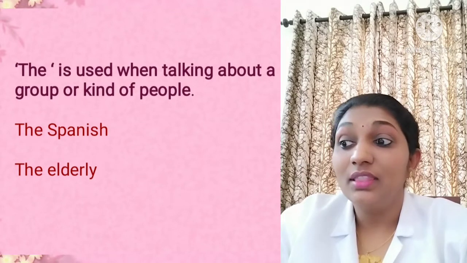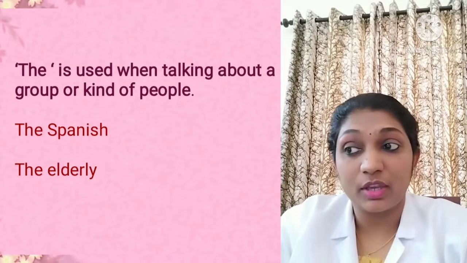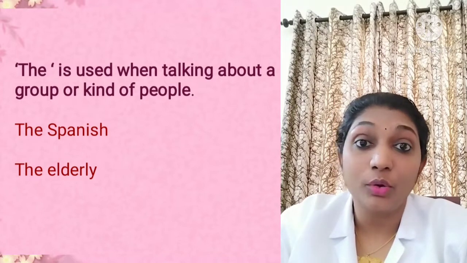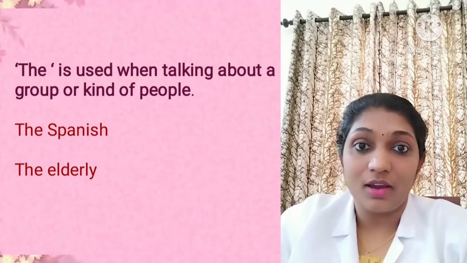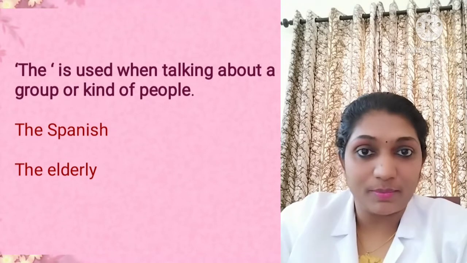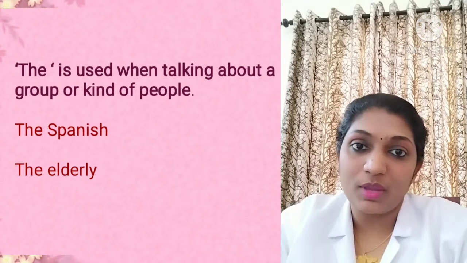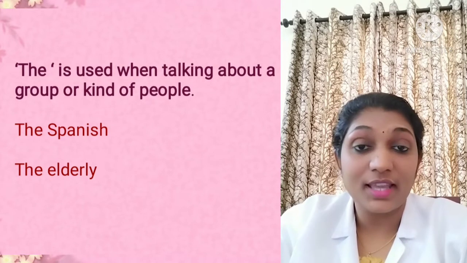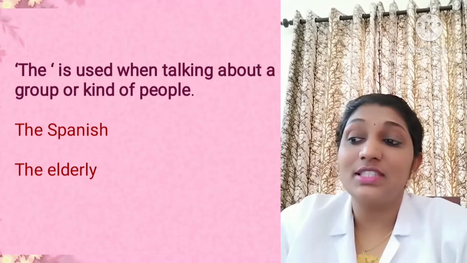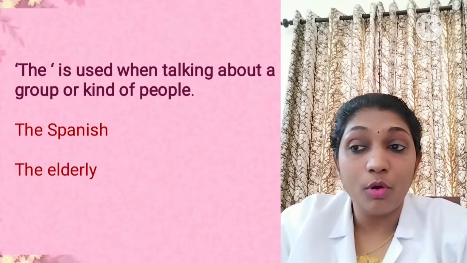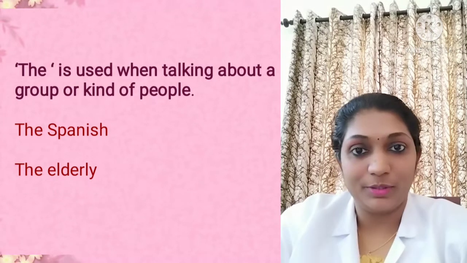So here, the is used before Spanish because we are talking about a group of people here. Same way, the elderly, old people or aged people, isn't it? Group of aged people or group of old people, they are called as elderly, the elderly. So, the is used when talking about a group or kind of people.